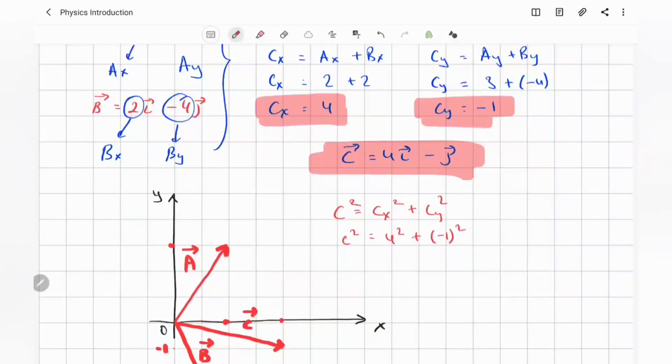The negative sign is not important because of the square. So c squared equals 16 plus 1, c squared equals 17. So c equals square root 17. So it's approximately 4.12. This is the magnitude for C vector.